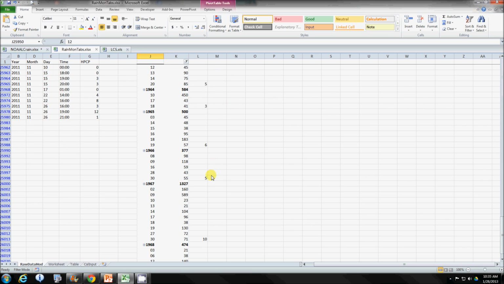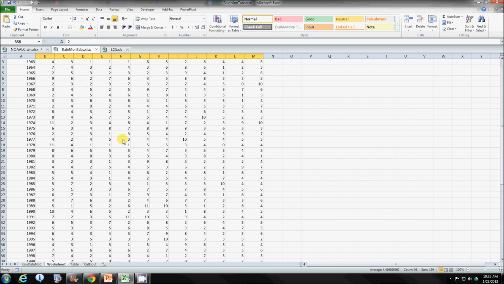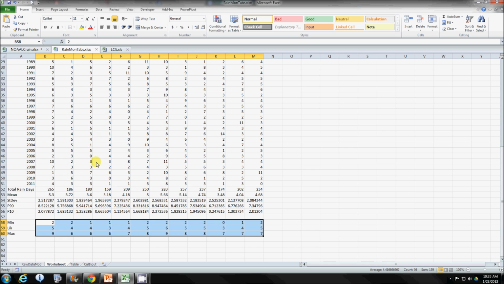And then just counting up those numbers of days, turning that into this particular table here, which is again the number of days in that particular month, in that particular year, in which we had rain in excess of 0.2 of an inch. And then summing all of that, of course, and getting our mean, and then our standard deviation, and from that using a z-score of 1.28, coming up with a P90 and a P10, which then rounding off gives me this particular data here.